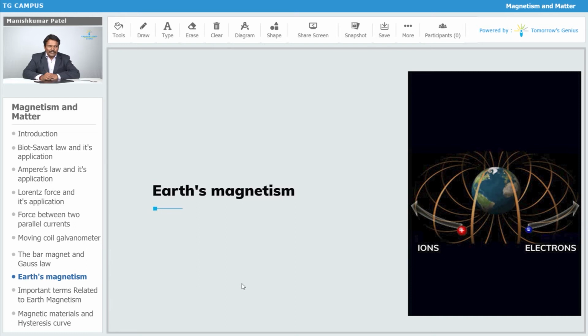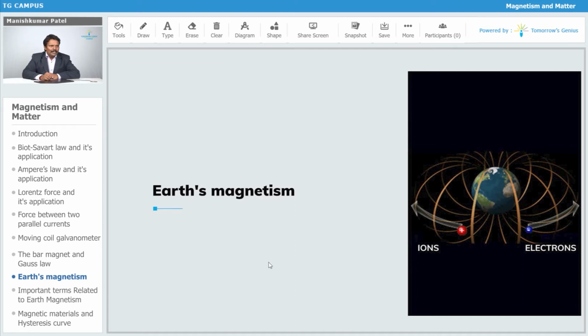If you see the structure of the earth, definitely the molten core is made up of material which mainly consists of ferromagnetic material in the molten form. And the earth is revolving at some constant speed, which constitutes a current, because the particles are revolving and this produces current because of the movement of the electron.